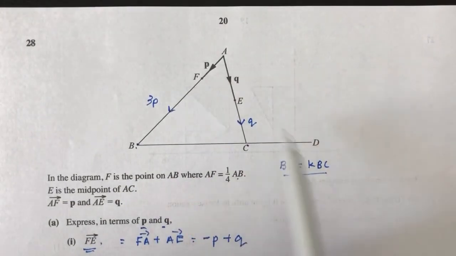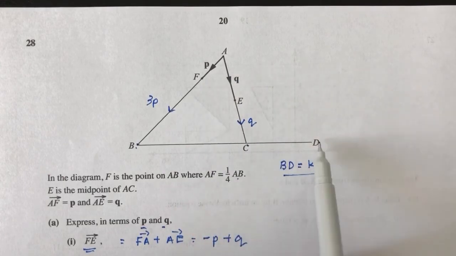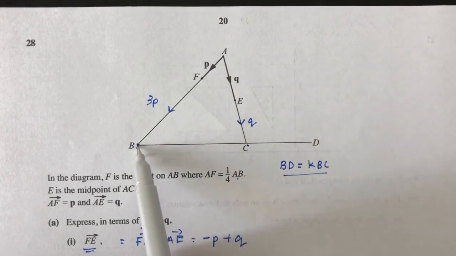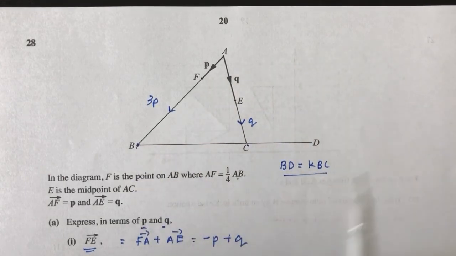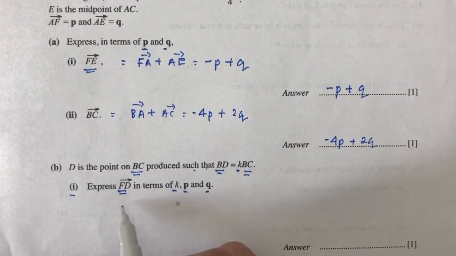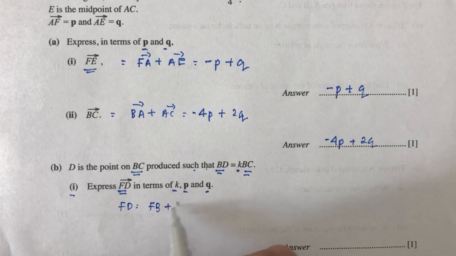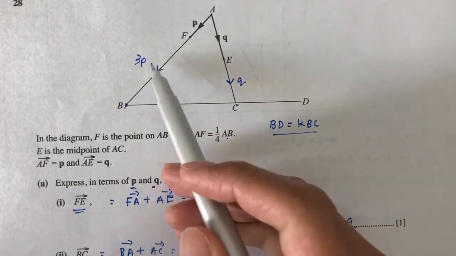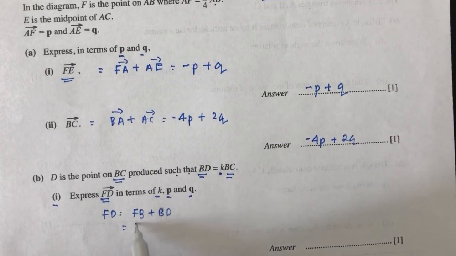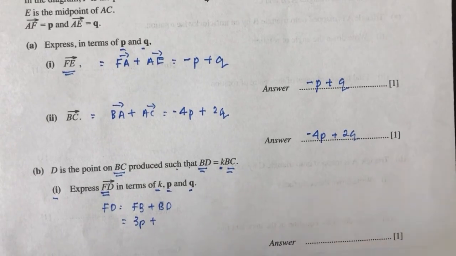So where is FD? How do you move from F to D? We have to move from F, go to B, and then B to D. So FD equals F to B, and then B to D. What is F to B? As you can see here, F to B is 3P plus BD.